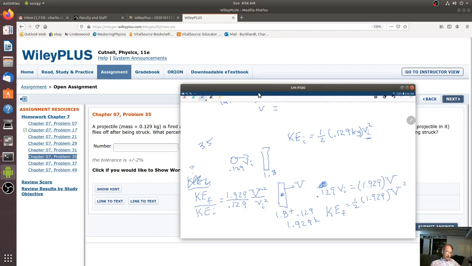And I can find that number from this equation right here, the conservation of momentum. Big V over little v is equal to 0.129 divided by 1.929.